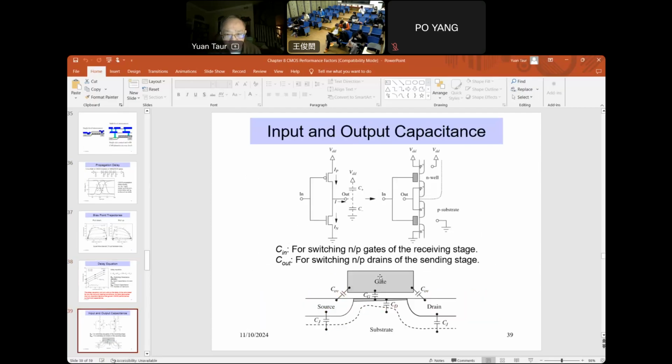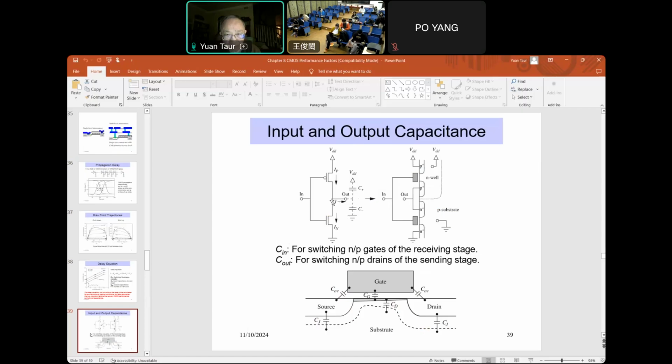Okay? So C in is the capacitance of the next stage to be switched. We can say the gates of the receiving stage. And C out is the drain of the sending stage, the previous stage.